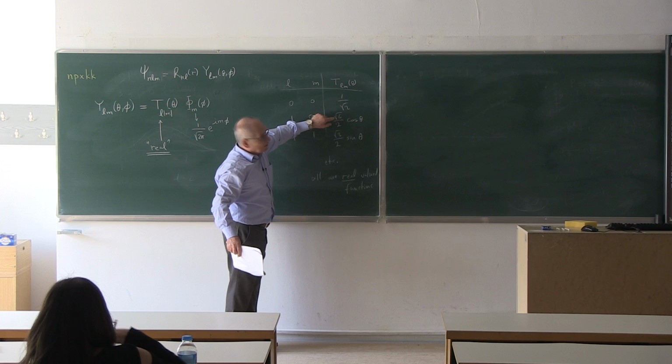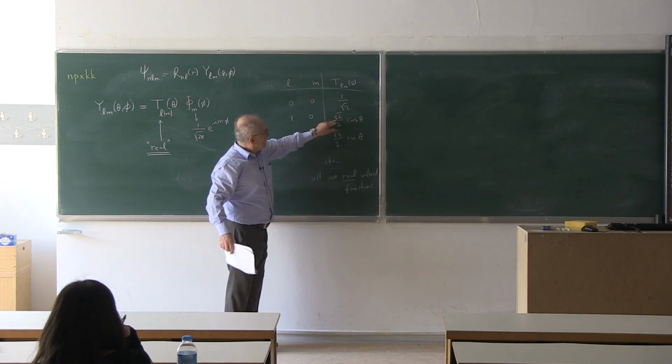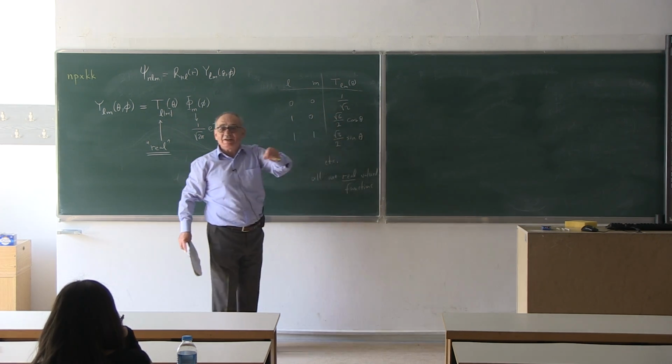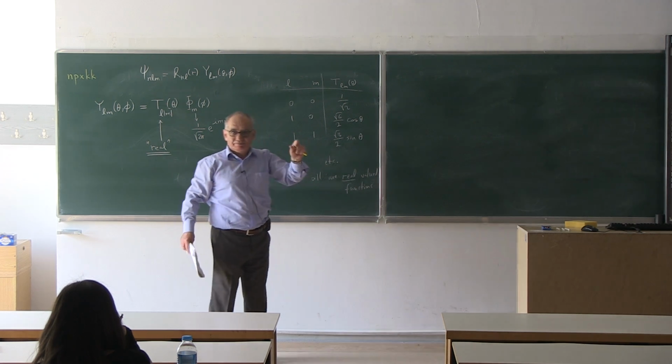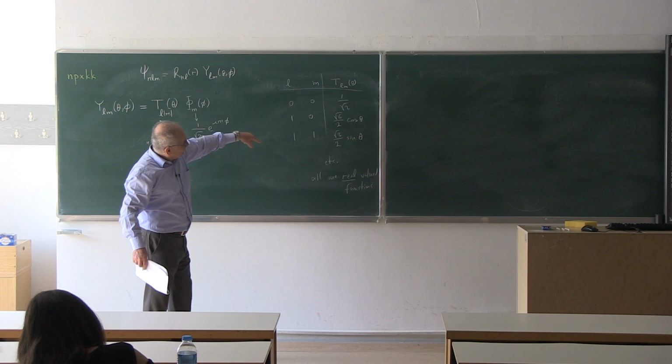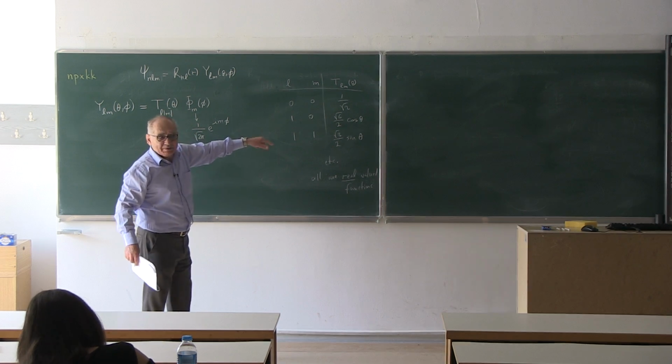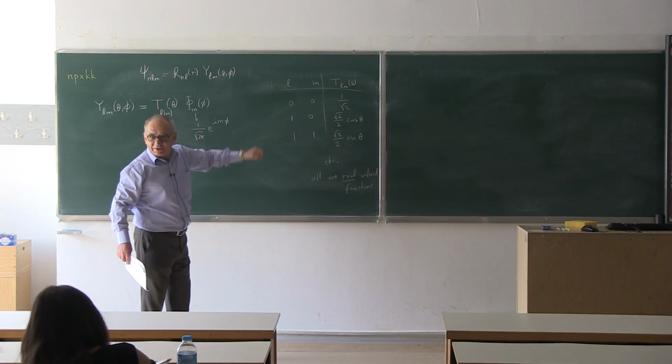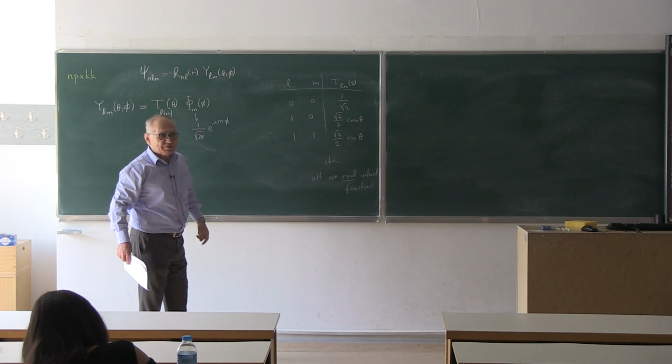Don't bother about these factors, like square root of 6 over 2, they are normalization factors. Okay? But when you look at the angle dependence, these functions are all real valued functions.